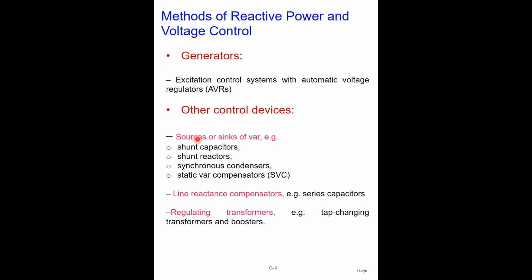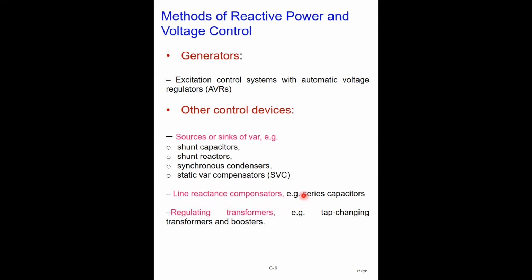So these are the sources or the sinks. And then we also have in some cases the use of series capacitors, which can compensate the line inductance.